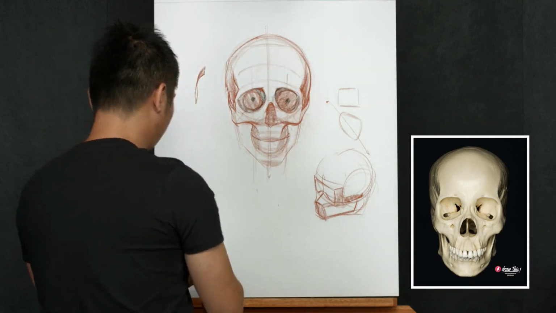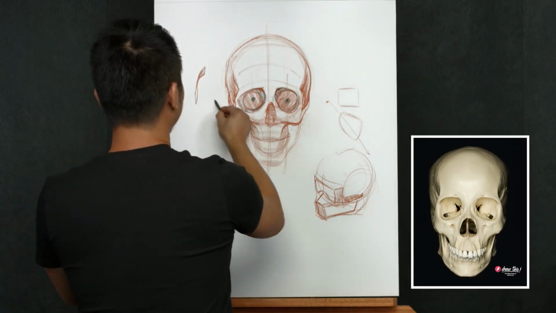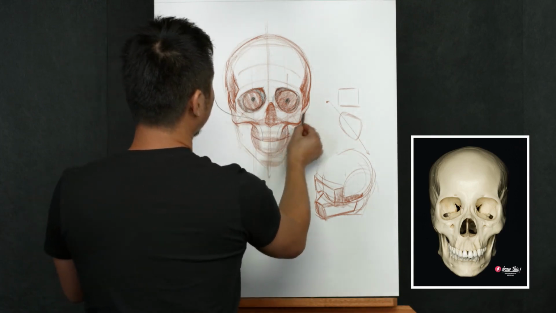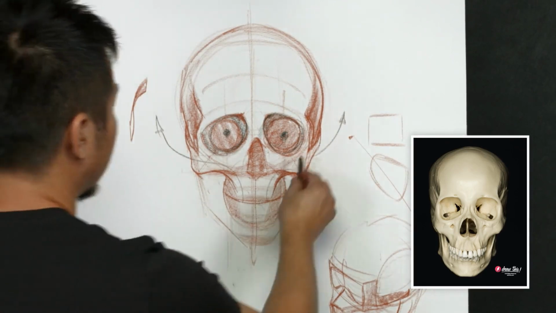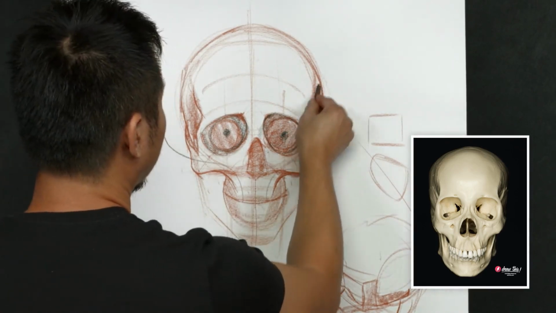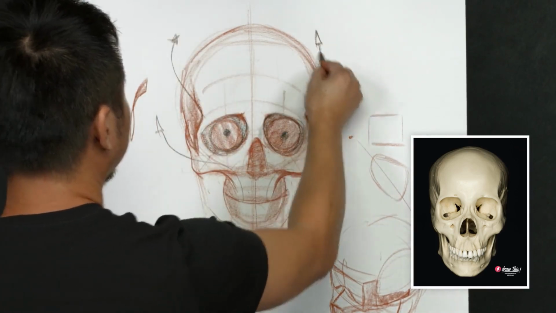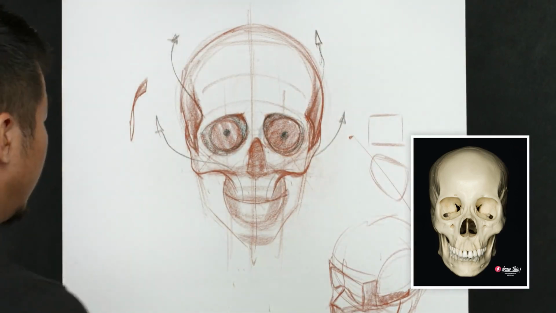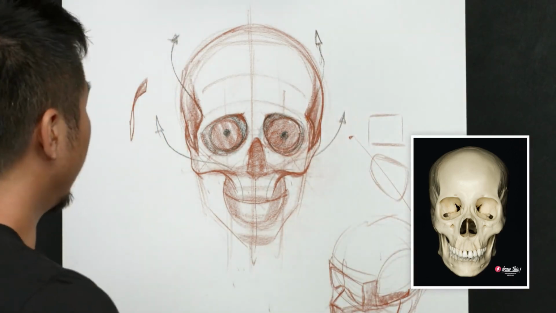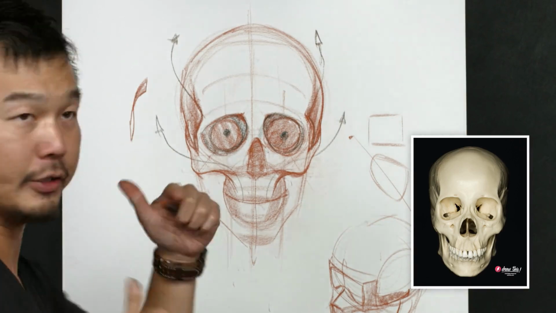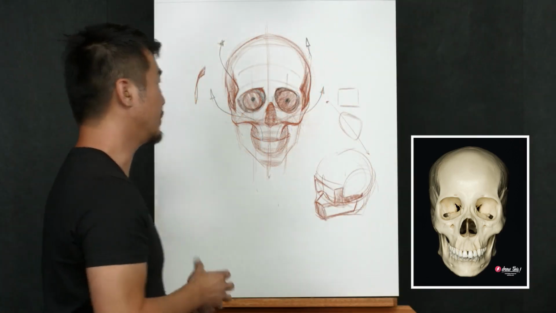So you get a nice, beautiful rhythm that goes out like this. So is this temple line right here, too. So is the jaw. So there are always these kinds of patterns you can find in an organic object, and that's the beauty about it.